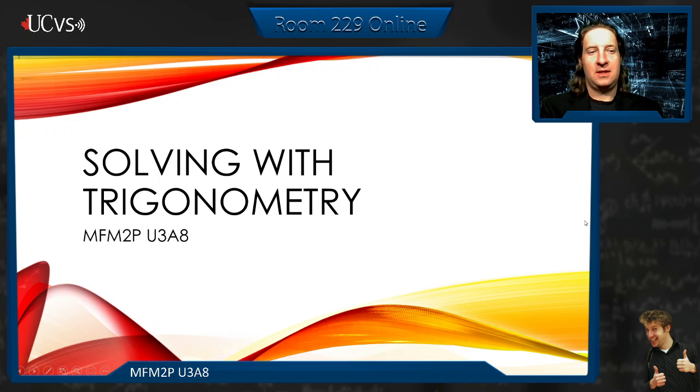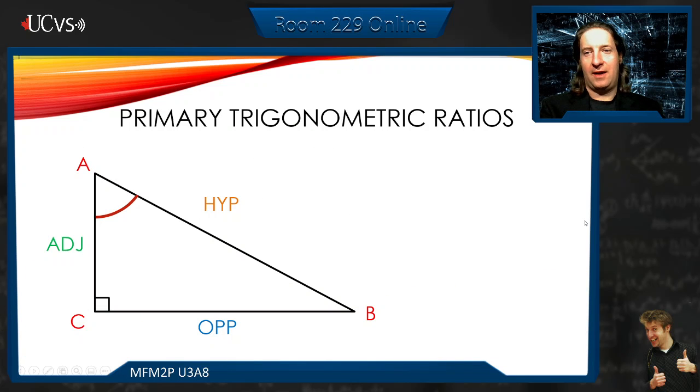Okay, so just a quick recap. Remember, if you have a right angle triangle like this one, there's a hypotenuse, the longest side, farthest away from the right angle, and the two other sides, an adjacent and an opposite, that are relative to the angle we're looking at.